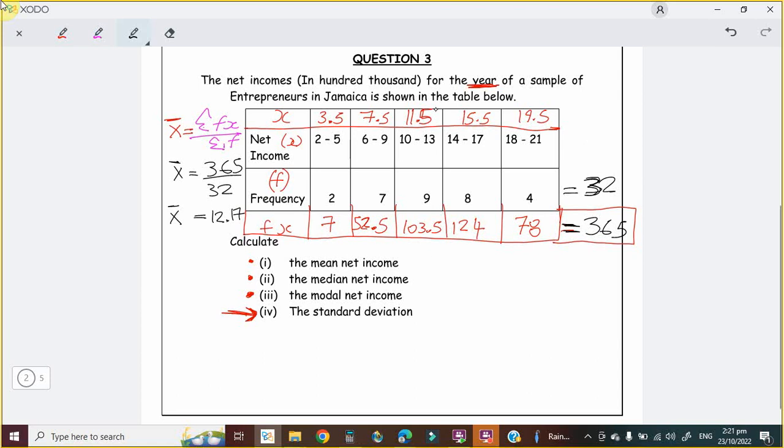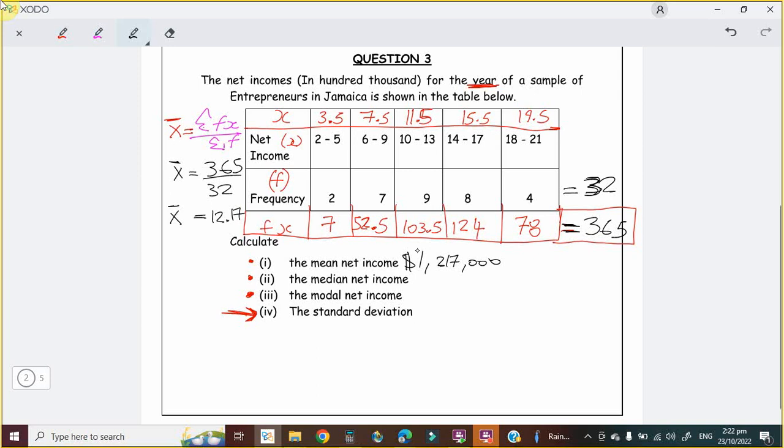Now, remember that it's in 100,000. So we have to multiply it by 100,000 and we get, how much is that? 1,217,000. So that's the mean income for the year for entrepreneurs in Jamaica from a sample of 32. Now, the median net income.